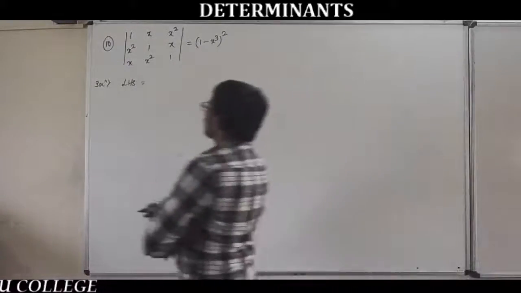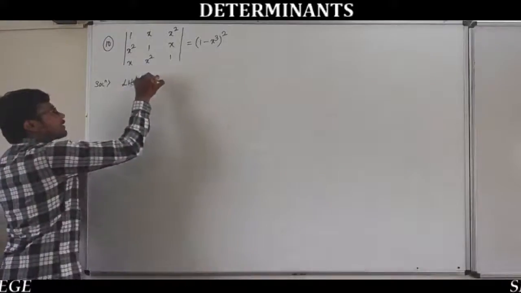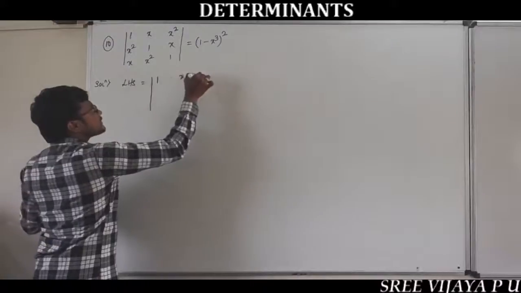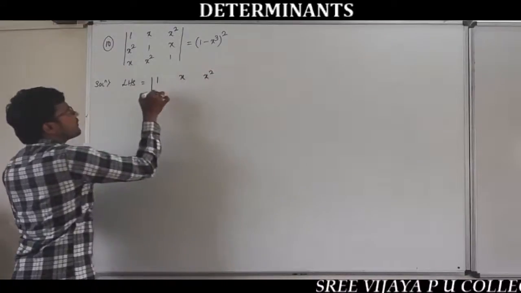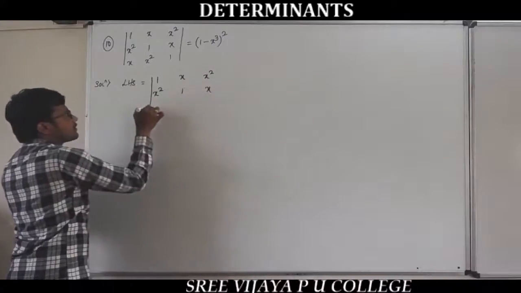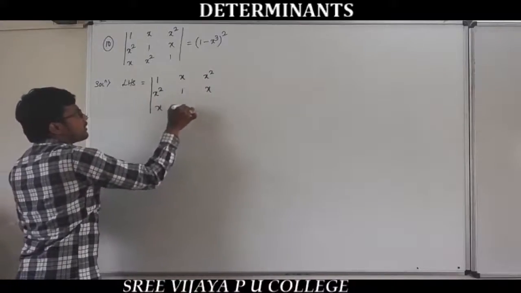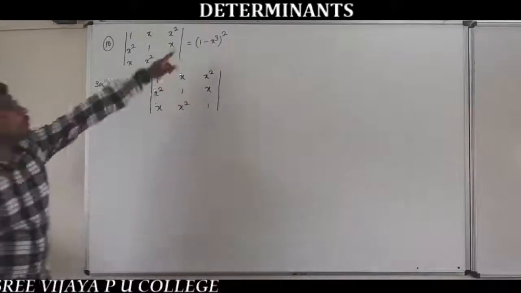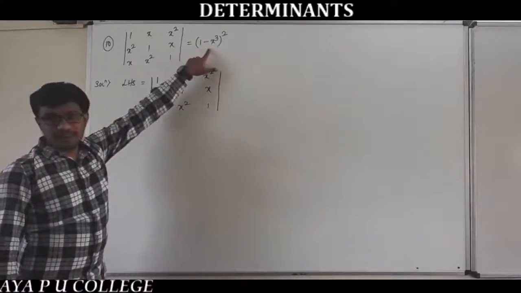Okay, see the next one. Write the LHS: 1 x square, 1 x, square 1. Now 1 minus x cube you want to write on the right hand side.